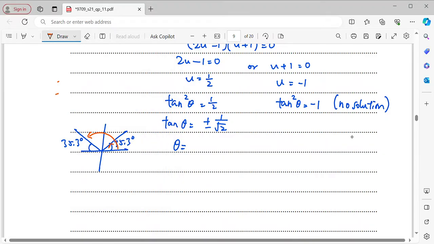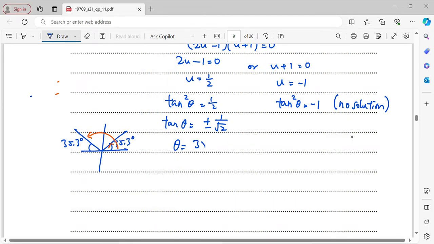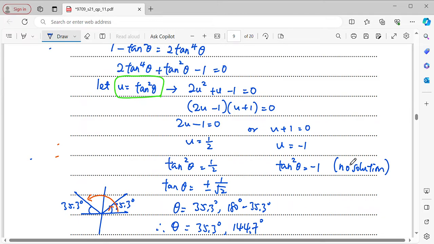So the first quadrant will be 35.3, and the second quadrant is going to be 180 minus 35.3. Then you will be getting 35.3 degrees and 144.7 degrees. So that's the solution of your question.